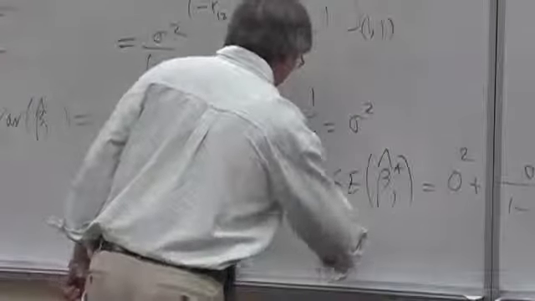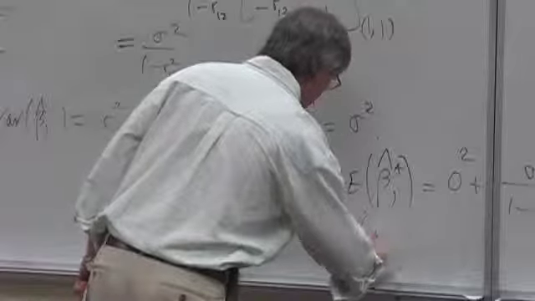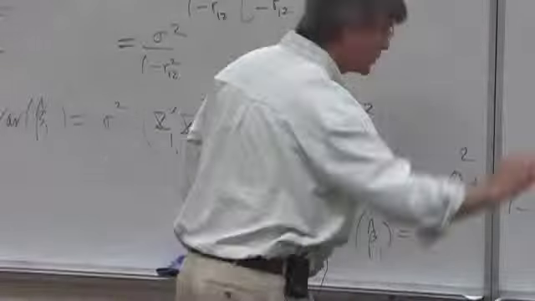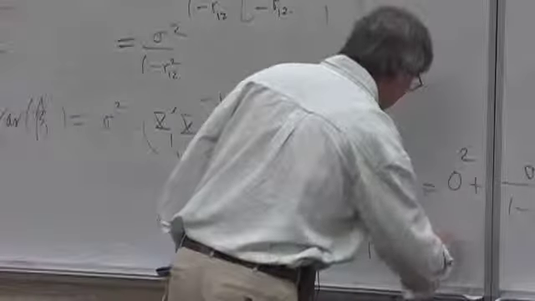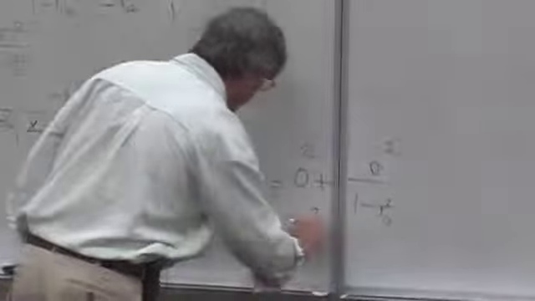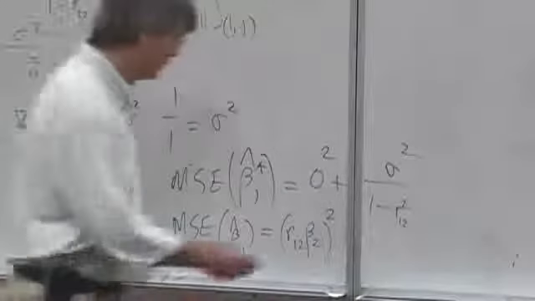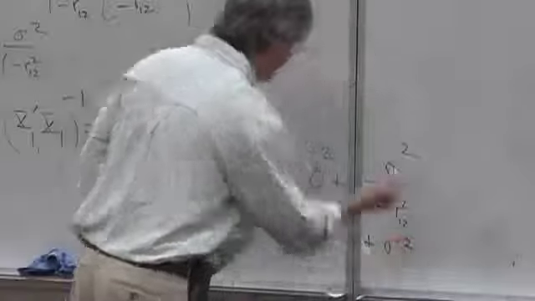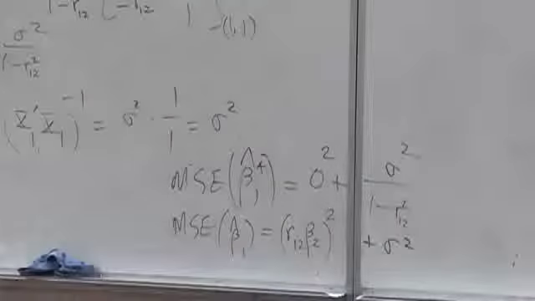The MSE of beta 1 hat is the bias, R1,2 beta 2, squared, remember I'm squaring the bias, plus the variance, sigma squared. So this can be less than that. And then you can check to see when the two would be equal and come up with a little equation.